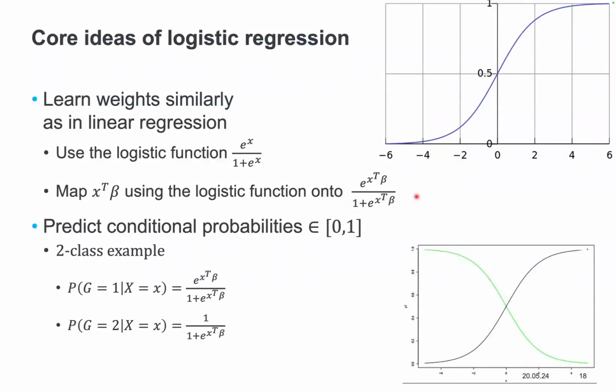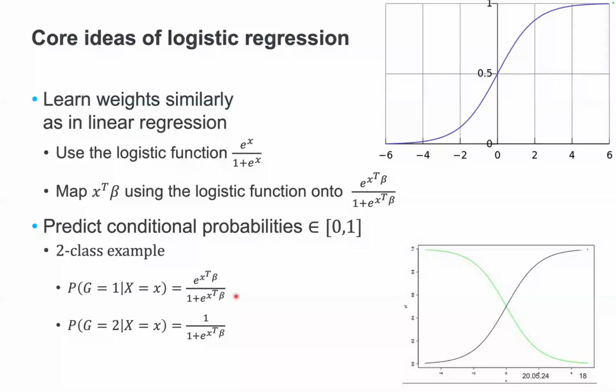Now, when we have two classes, so we want to predict that our object falls into class 1 or into class 2, we of course want to ensure that in these two class examples, the two probabilities add up to 1. I have explained how this term behaves, so the first constraint on a probability distribution is already fulfilled, namely that the term is between 0 and 1.